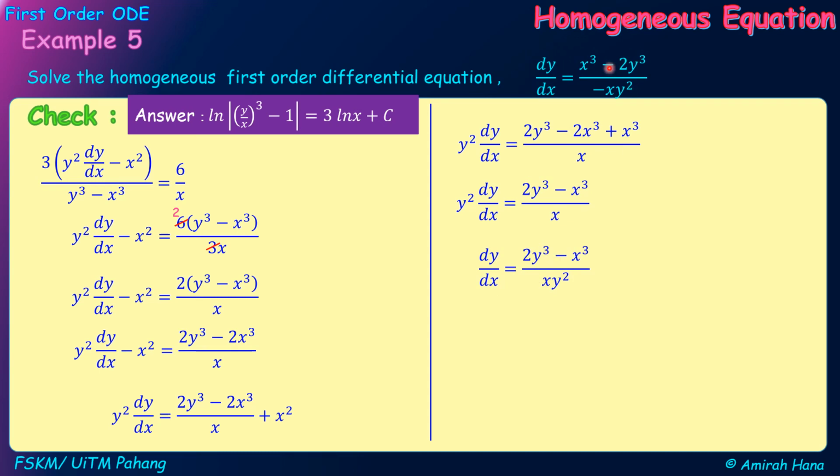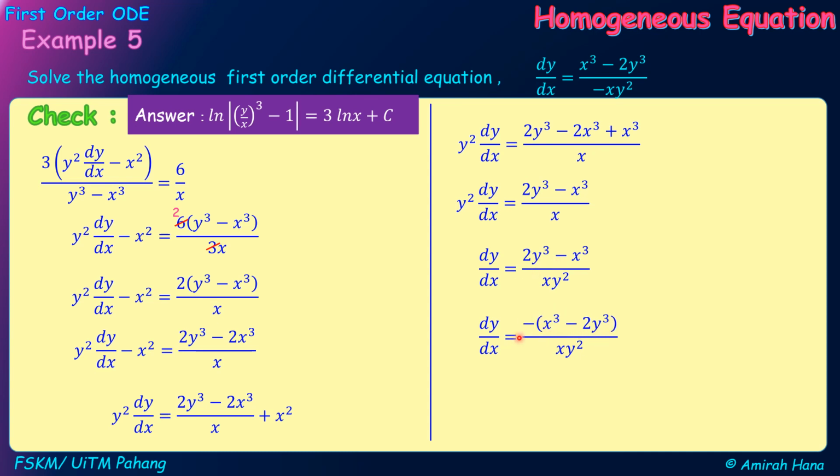Right, so how do we make dy over dx look exactly like dy over dx in the given question? From here, we can factorize the negative sign. Then in the bracket, we can exchange the position of 2y cubed and x cubed in the numerator. We put a minus sign and then in the bracket, we write x cubed and then minus 2y cubed.